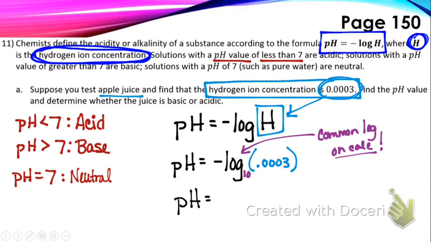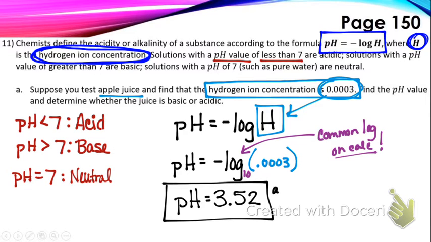Give me 2 after the decimal point. So what do we have? Is there a whole number, or does it start with a 0? Whole number. What's our whole number? 3. And then give me 2 numbers after the decimal point. 52. So there's our pH for apple juice.